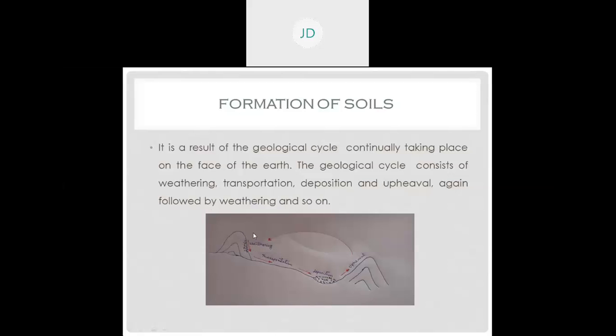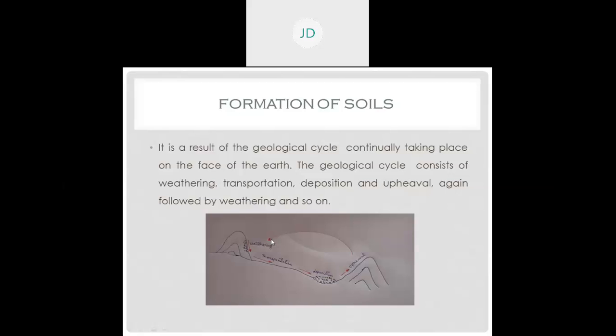What do you mean by weathering? For now, just take it as a name. Due to this weathering action, some rock particles may break down from the surface of the parent rock. In a simple way, weathering means different natural phenomena.